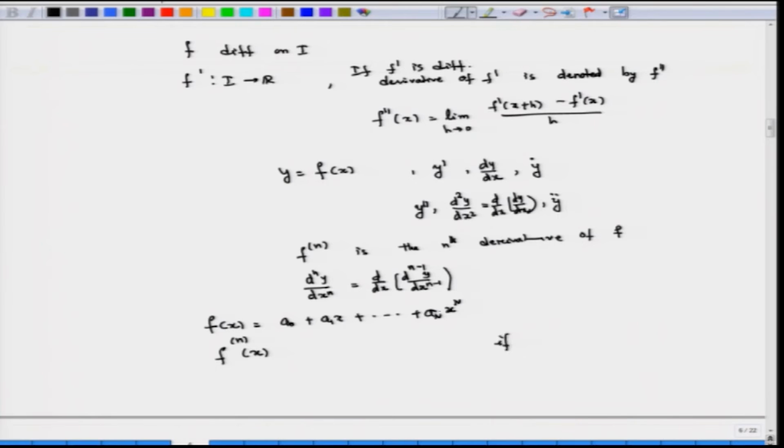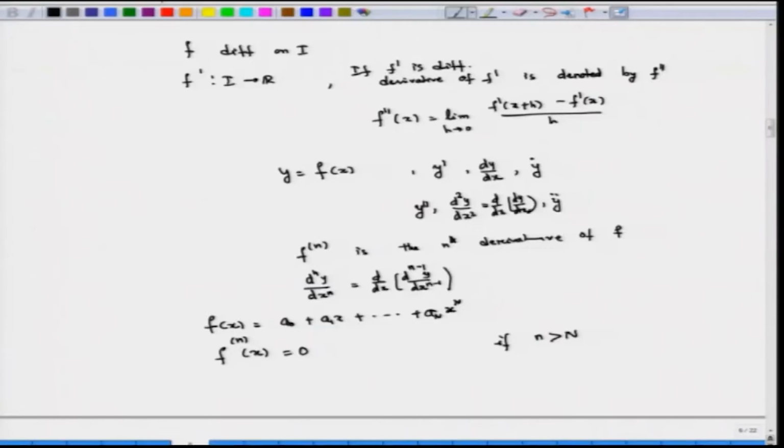If I take the first derivative, then a 0 goes away and a 1 becomes the constant term. If I take the second derivative, then a 1 goes away, and it starts from a 2. If I take the nth derivative, only a n is there, and the derivative of order higher than n is equal to 0, because at the nth derivative you land up in the constant term a n, and the derivative of this constant is 0. So a polynomial has derivatives everywhere.